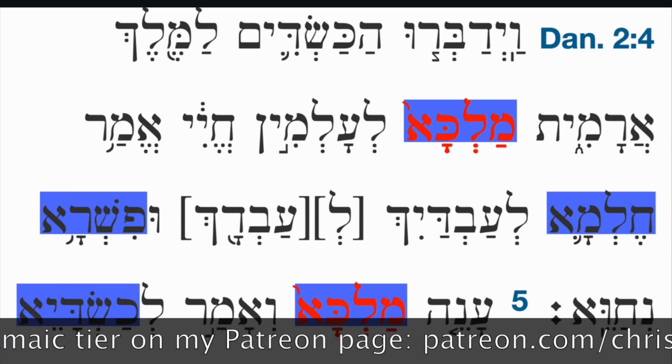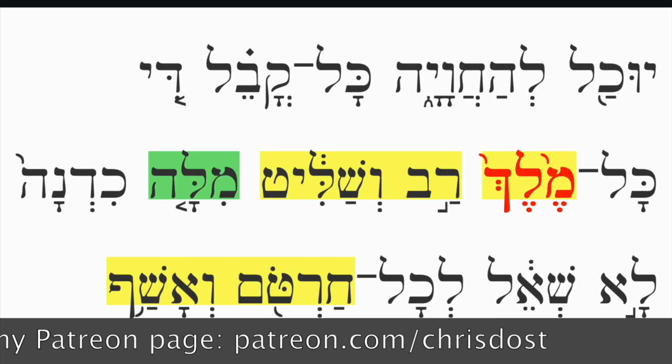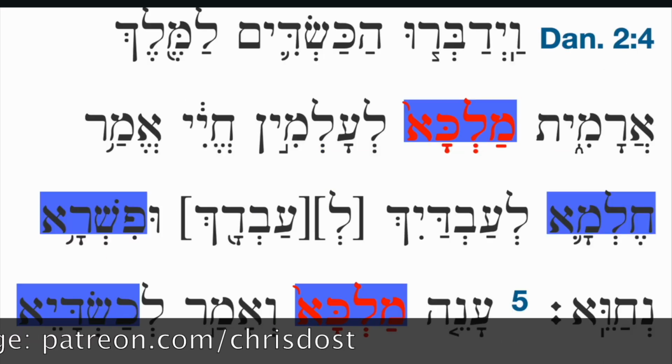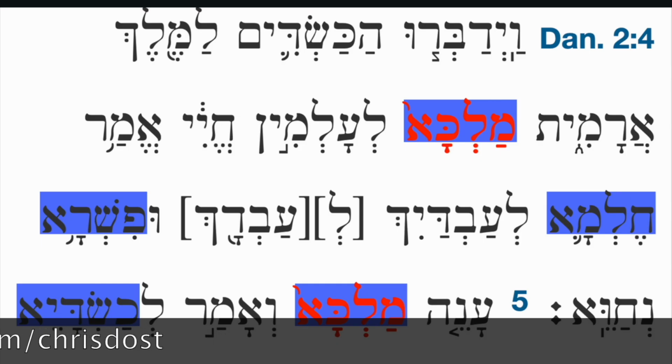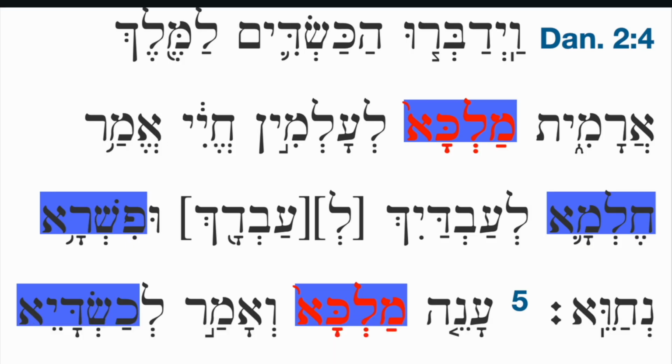And so we see that melech, which ends with its final root consonant, now has a kamatz aleph suffix, malkah. And in this case, it means O king. We see that the same form appears in verse 5, where we get ane malkah ve'amah, and that means the king answered and said.